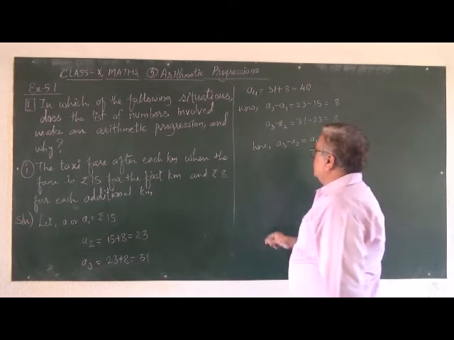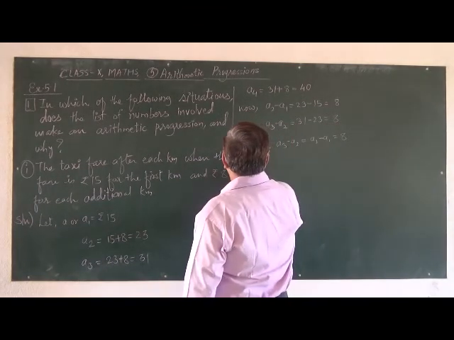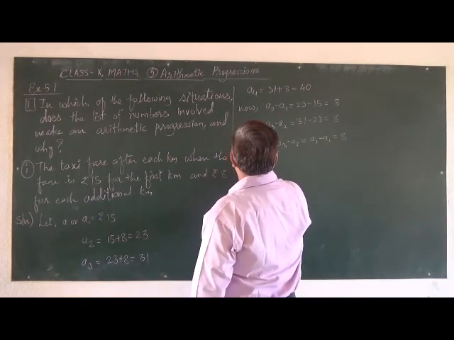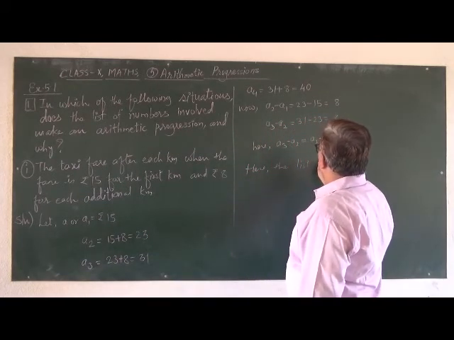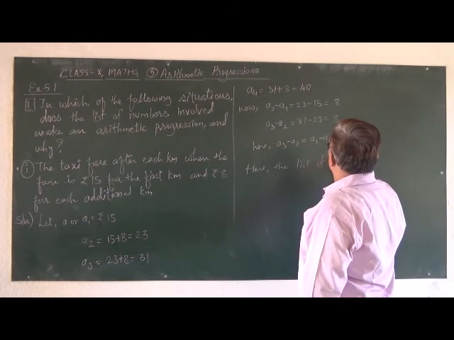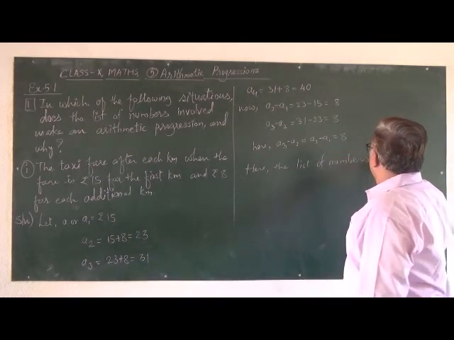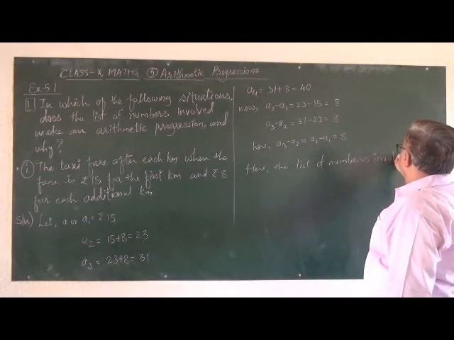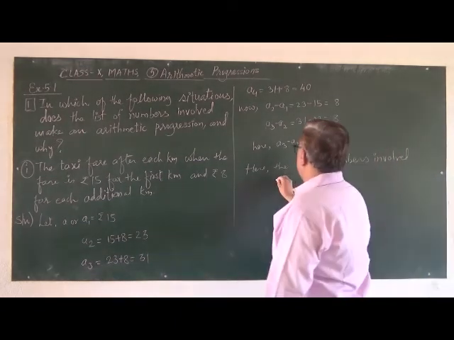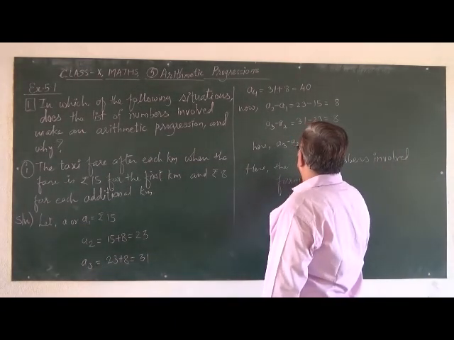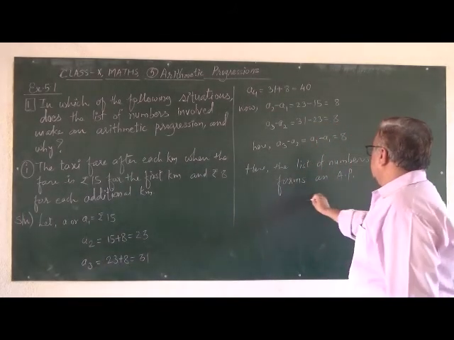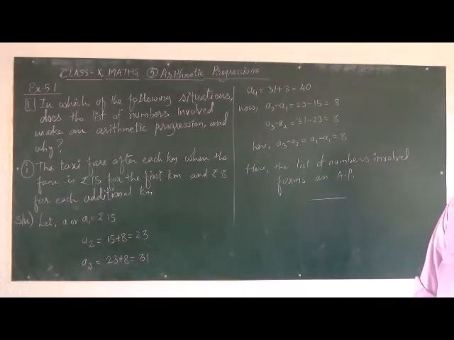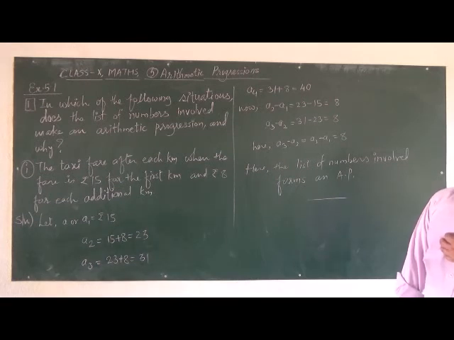So what we will write here: the list of numbers involved forms an AP. Okay, this is the first sub question of the main question 5.1.